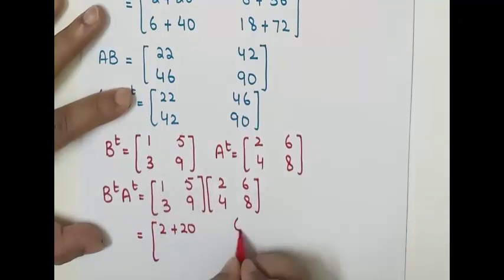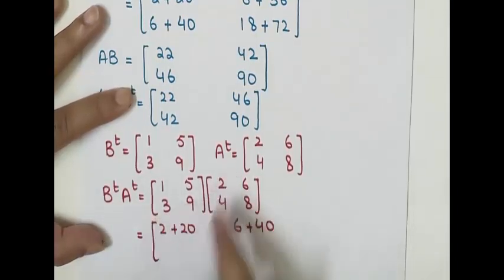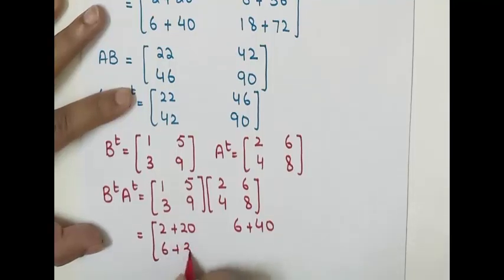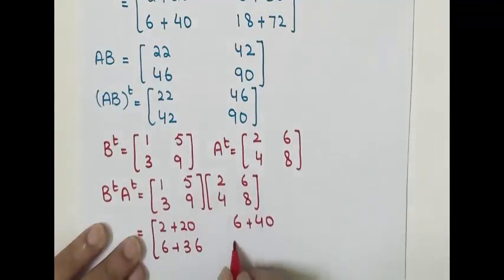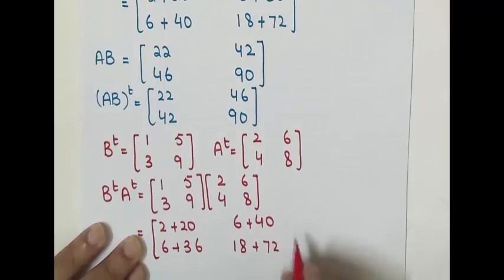Now 1 into 6 is 6 plus 5 into 8 is 40. 3 into 2 is 6 plus 9 into 4 is 36. 3 into 6 is 18 plus 9 into 8 is 72.